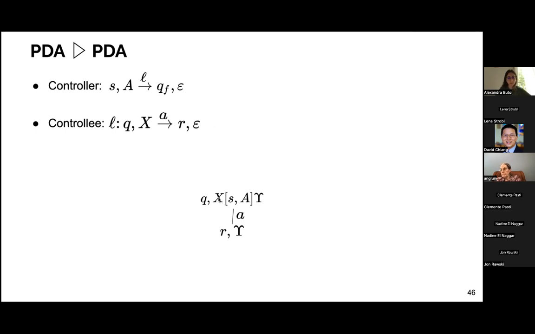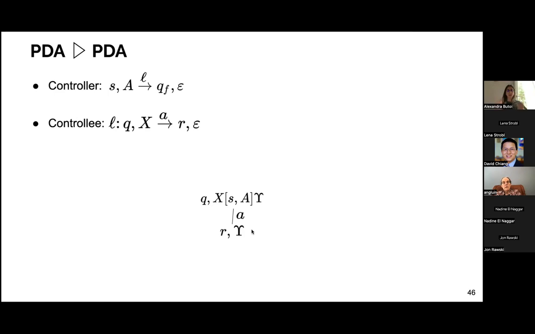So you have on top of the stack a symbol X, which is augmented with the configuration S, A, and when applying these rules, you generate another node that is just R and upsilon. And A here indicates that you also scan the symbol A.